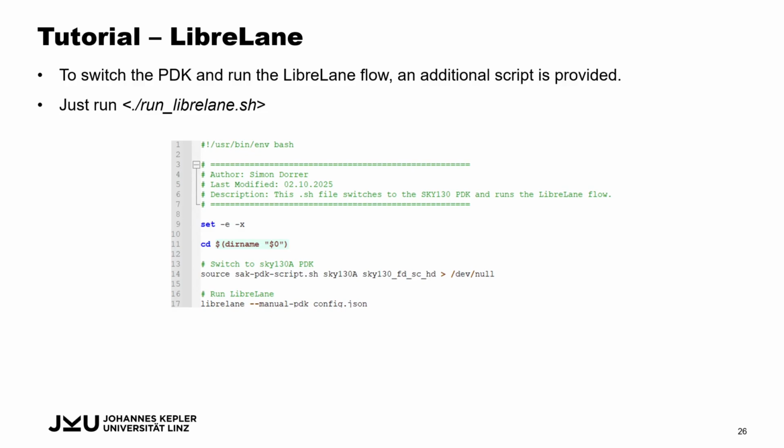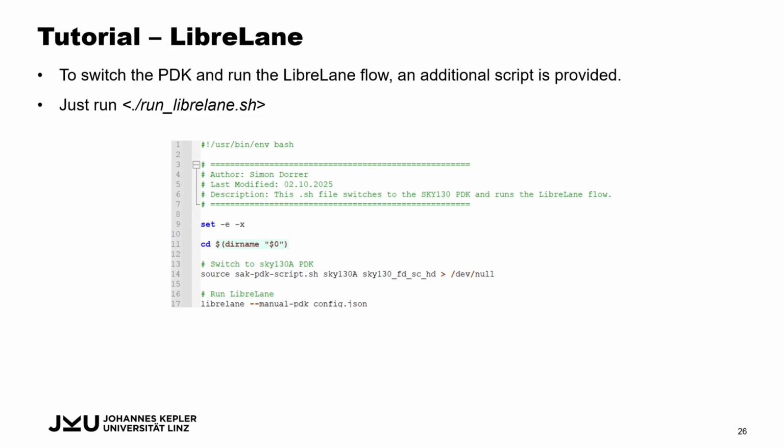And I also provided a shell script which is called run_librelane. I mean, executing LibreLane is only one command. This is already quite simple. But if you want to change between PDKs, then you can also do that with our IIC-OSIC-TOOLS specific scripts.